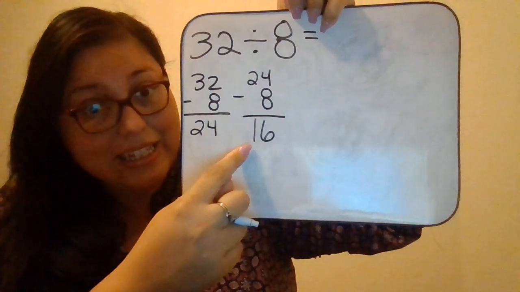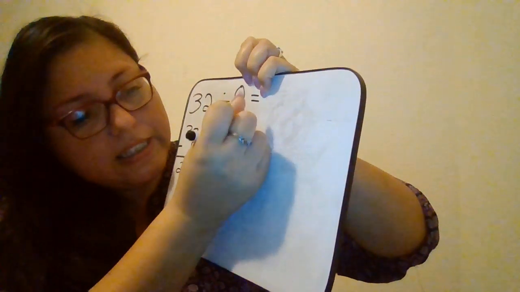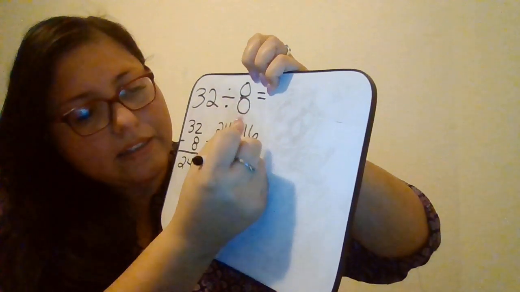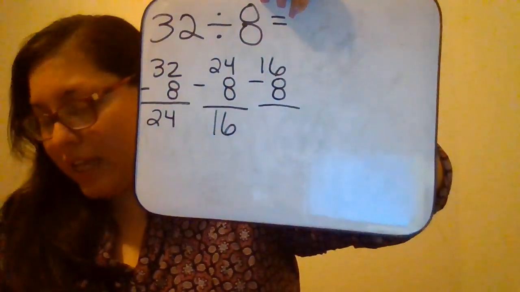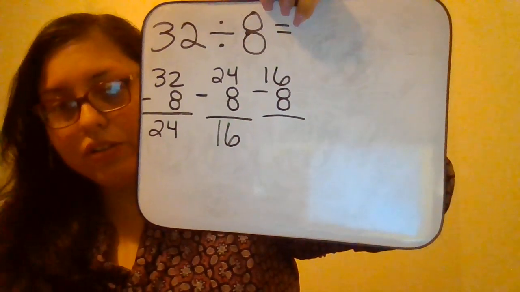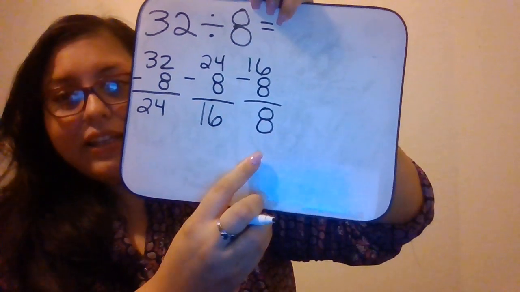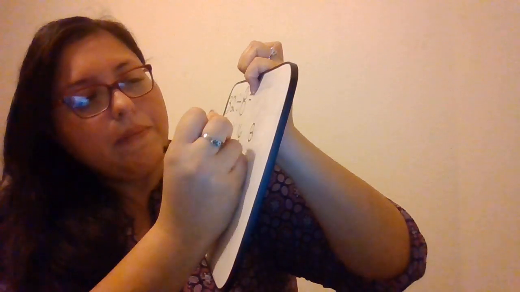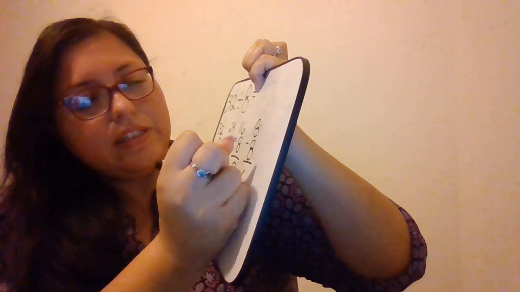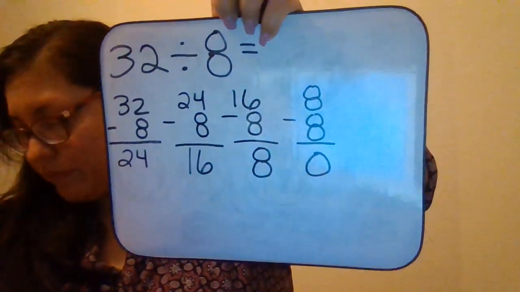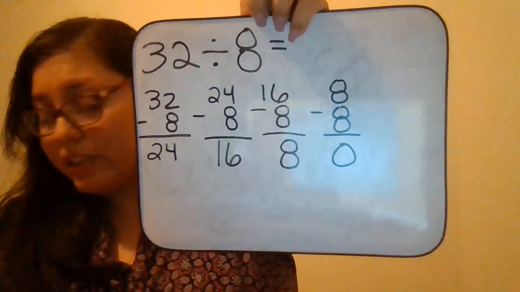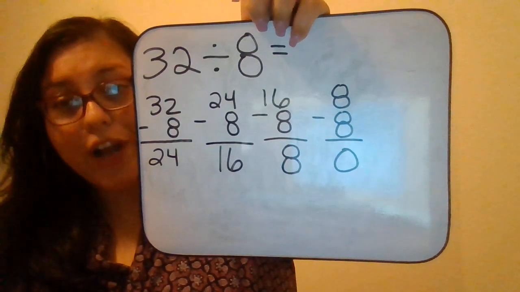So now I get 16. I put it up here. 16 minus 8 equals 8. And then I get 8 minus 8 equals 0.